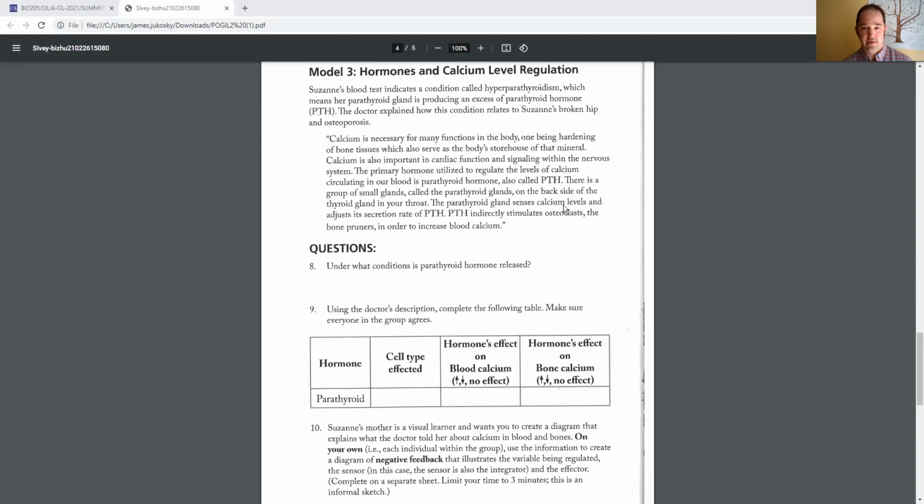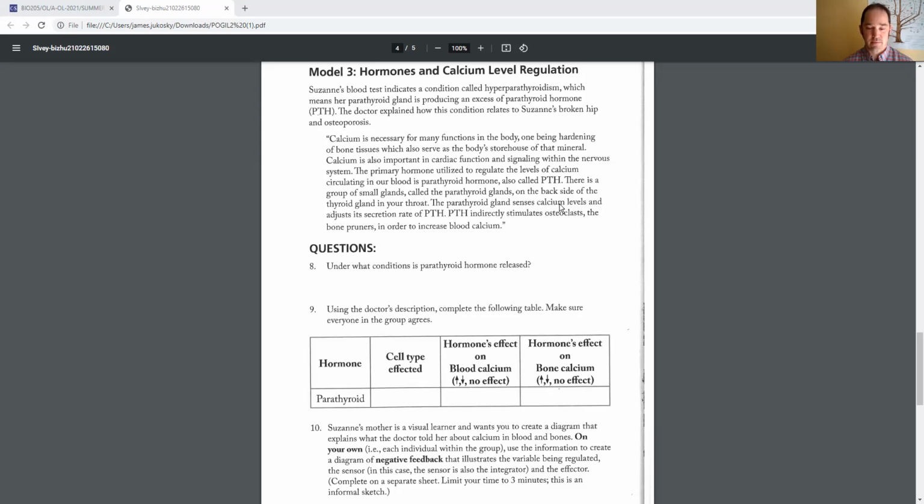So the parathyroid gland is the receptor or sensor. Then we have other cells in the parathyroid gland that take that information and do something. They integrate the information and they secrete parathyroid hormone.